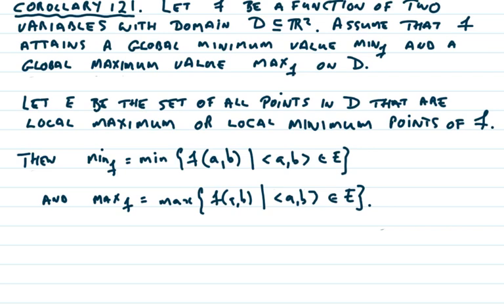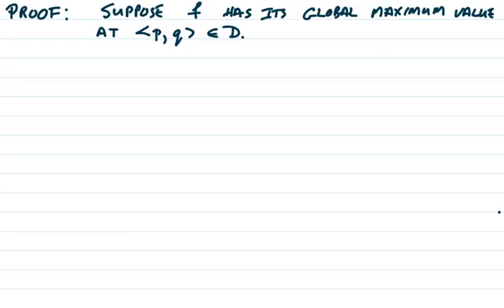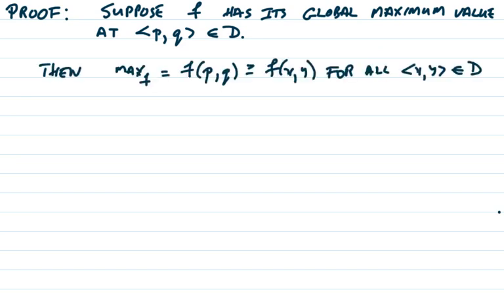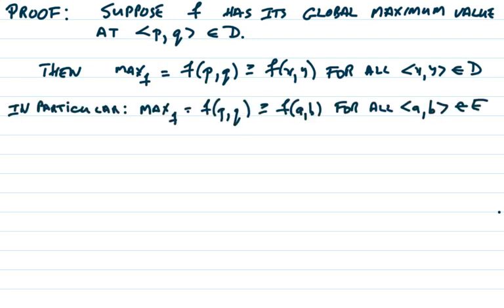Let's prove the second part of this corollary. Suppose f has its global maximum value at the point (p,q) in D. It then follows that the global maximum of f is equal to the function value of f at the point (p,q), and that is greater than or equal to all the other function values of f at (x,y) in D. In particular, it follows that the global maximum of f, which is the function value of f at (p,q), is also greater than or equal to the function value of f at any point that is a local maximum or a local minimum point of f.